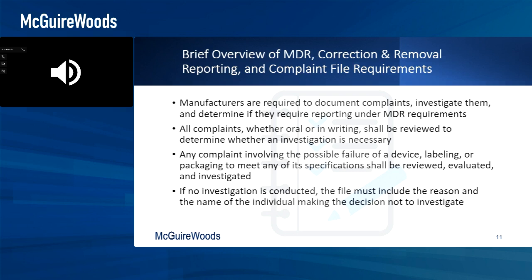So there's a bunch of detailed information you have to put into your complaint file about your investigation. And an important note is that if you determine that no investigation is needed and no investigation is conducted, your complaint file also has to include, and this is so the FDA can audit this, the reason why you determined no investigation was conducted and the name of the person making that decision.